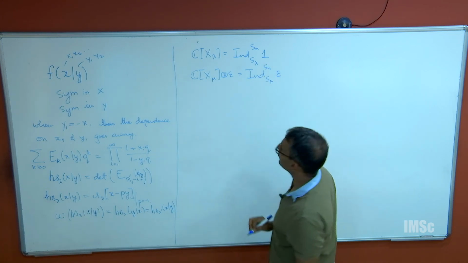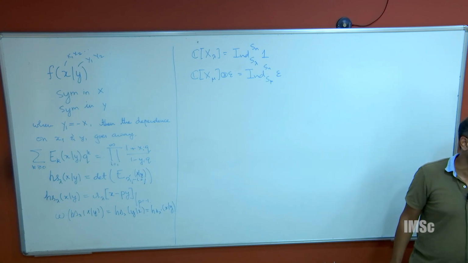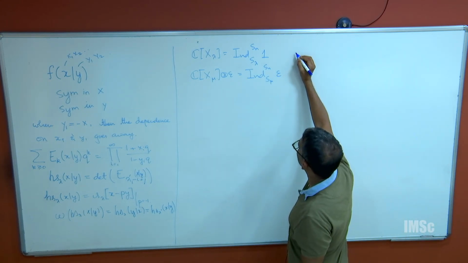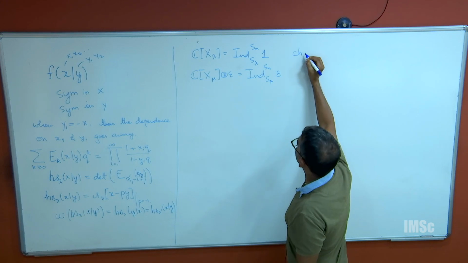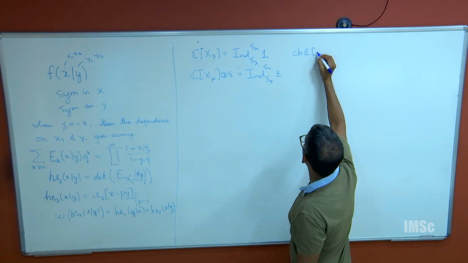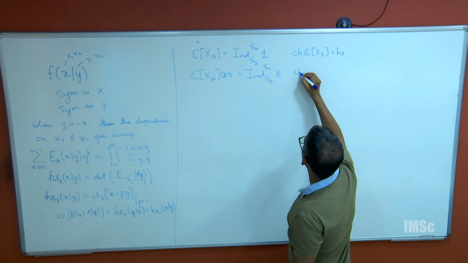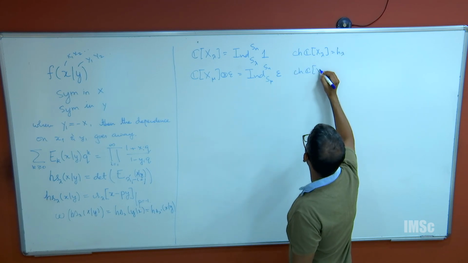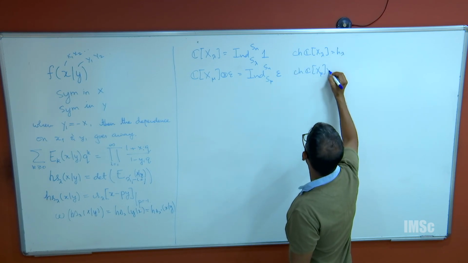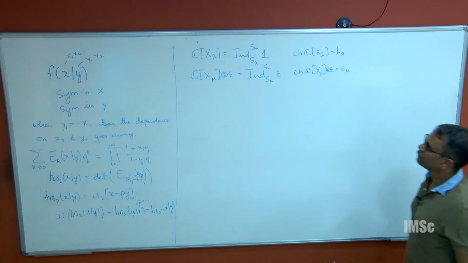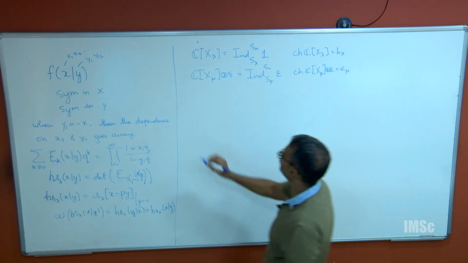And this epsilon denotes the sign representation. So there are these two representations. This one has Frobenius characteristic h lambda. This one has Frobenius characteristic e mu. These are often called u lambda.